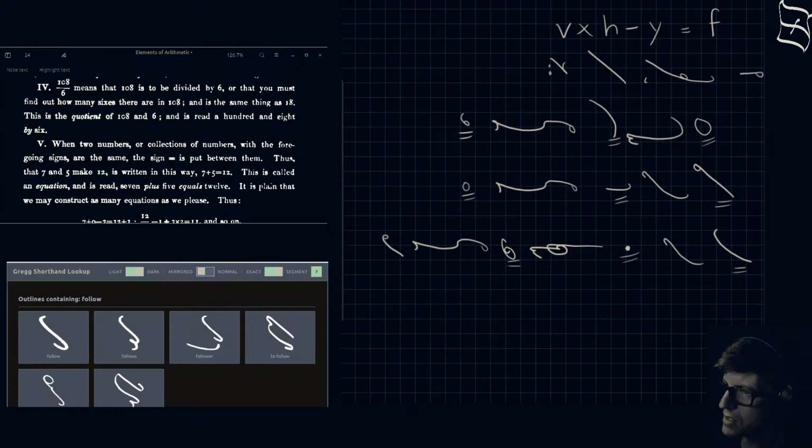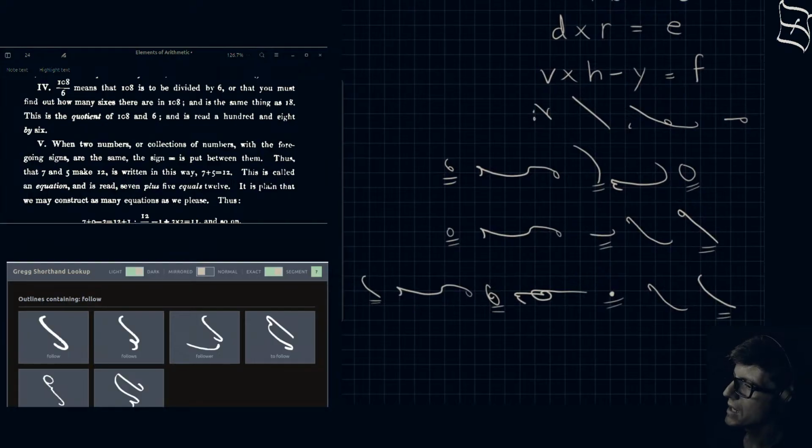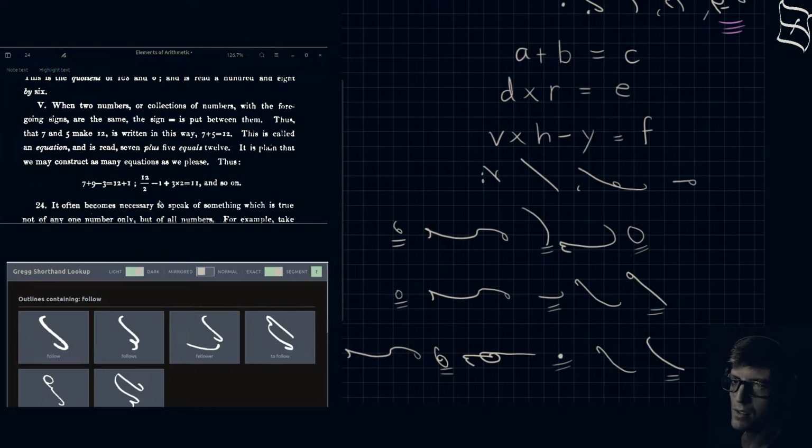F is, yep, it's just the F symbol into F. Okay, so that, if I'm not mistaken, is the last part, right?